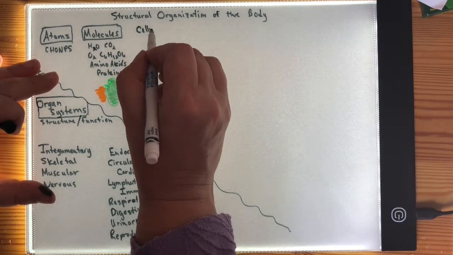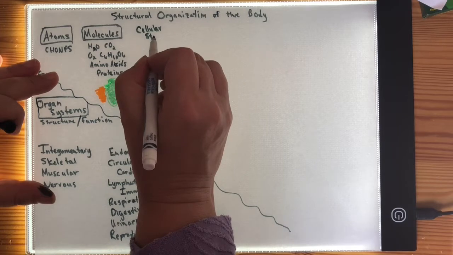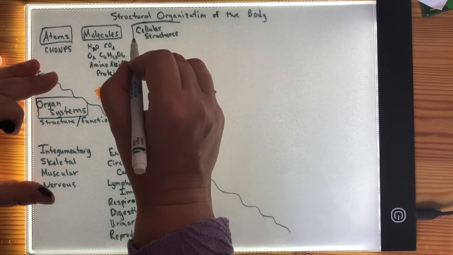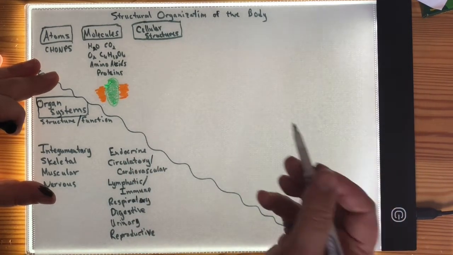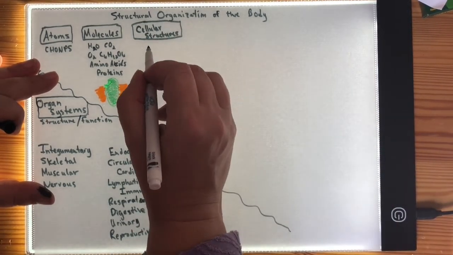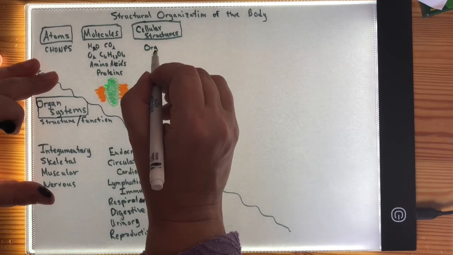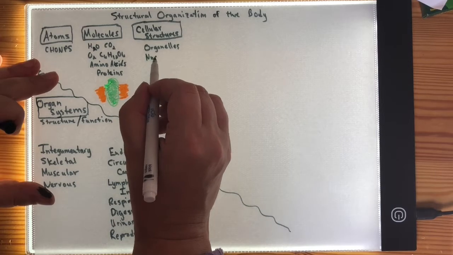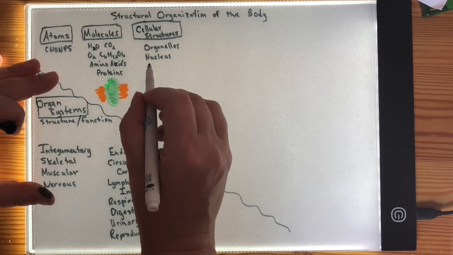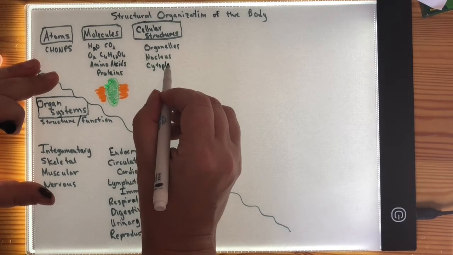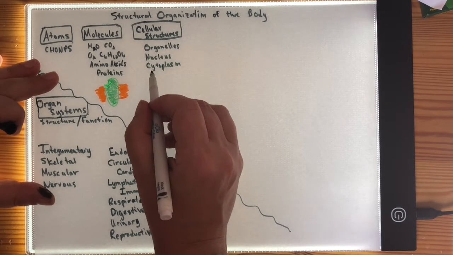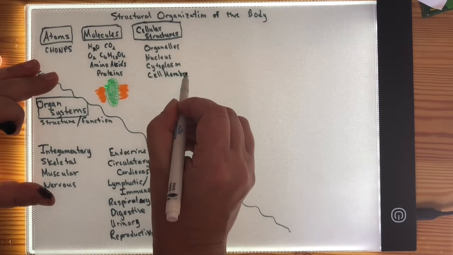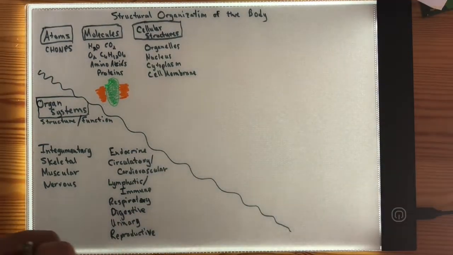And that brings us to our next set of structures. The next set of structures would be cellular structures, such as organelles, such as the nucleus, cytoplasm, and what we drew a moment ago, which is the cell membrane. And guess which one of these we are going to draw?